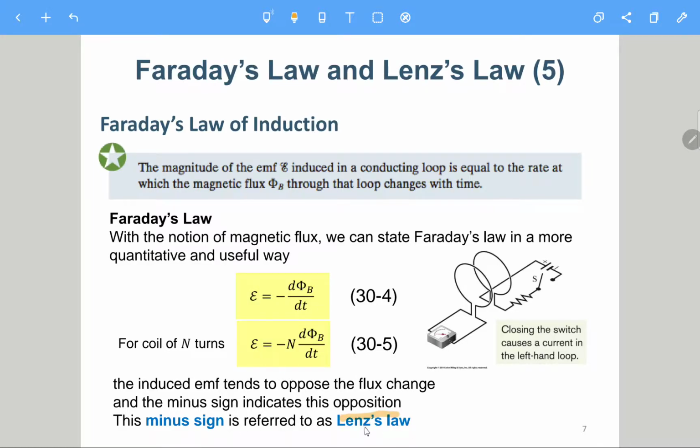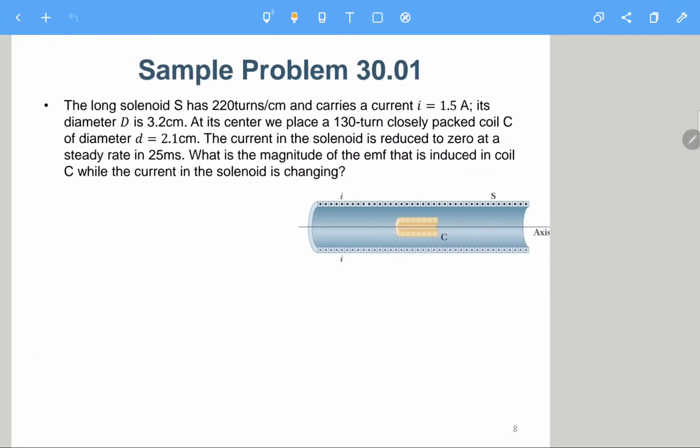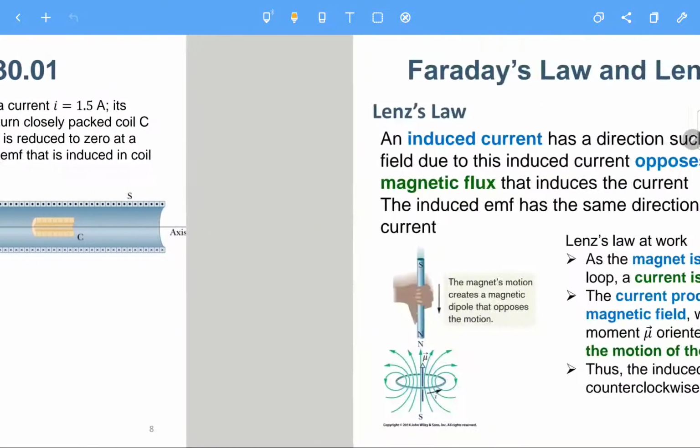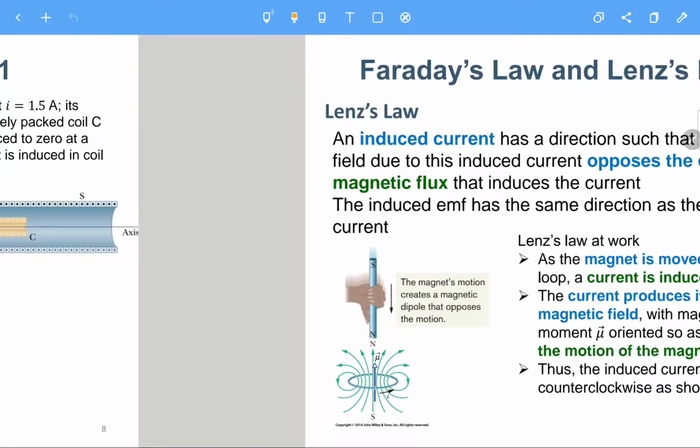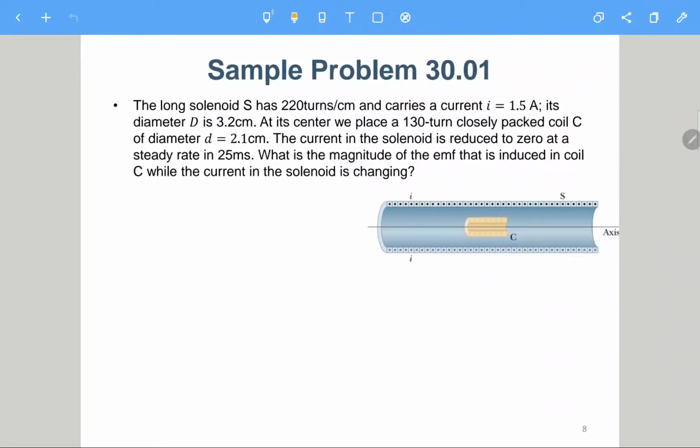So this minus sign is called Lenz's law, and maybe later we will have more discussion about Lenz's law.